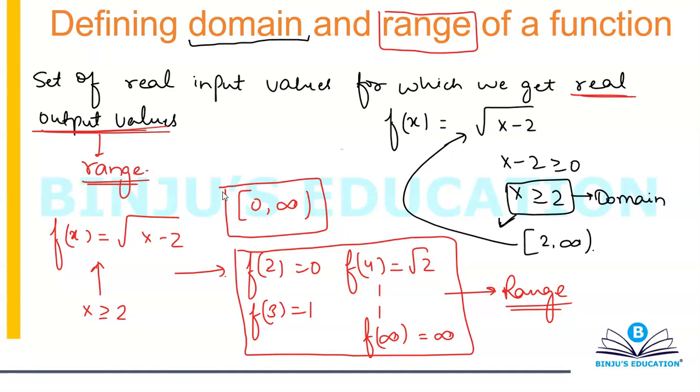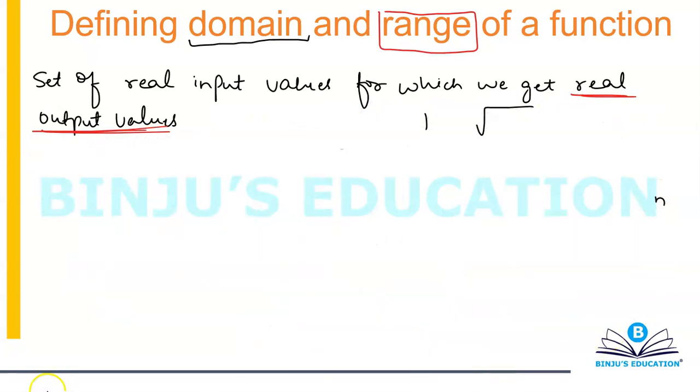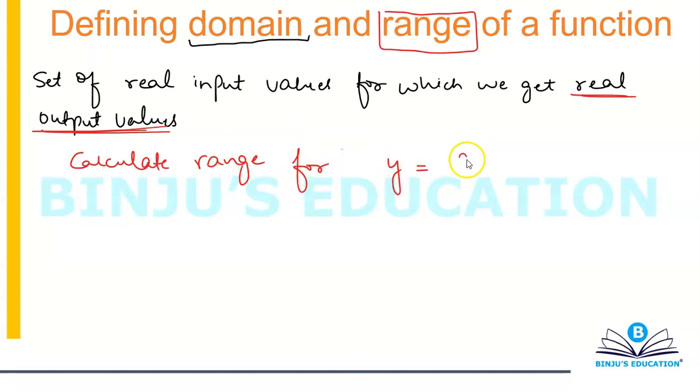Now for every function, there is a separate way of calculating range. For example, let's talk about linear functions. Let's say I ask you to calculate the range for y = (2x minus 4) divided by 5.